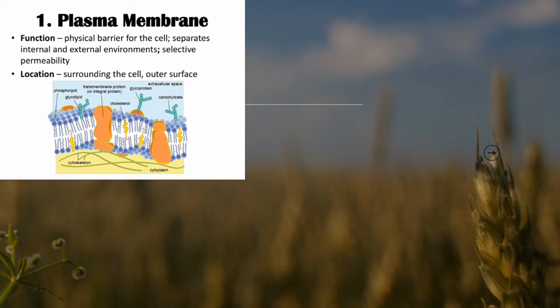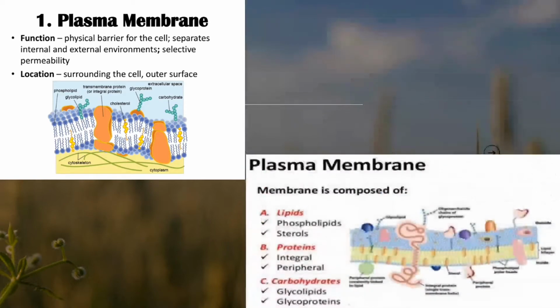The function of this plasma membrane is to act as a physical barrier for the cell that separates the internal and the external environment. That is the function of the plasma membrane. It is composed of lipids, proteins, and carbohydrates.